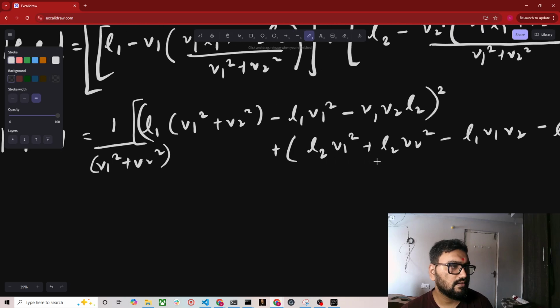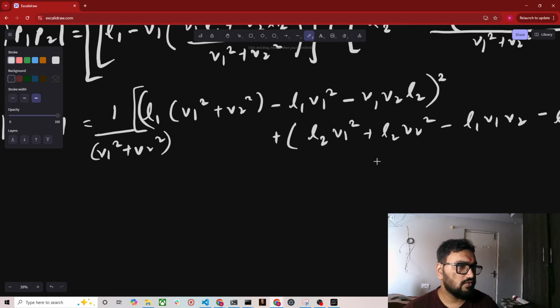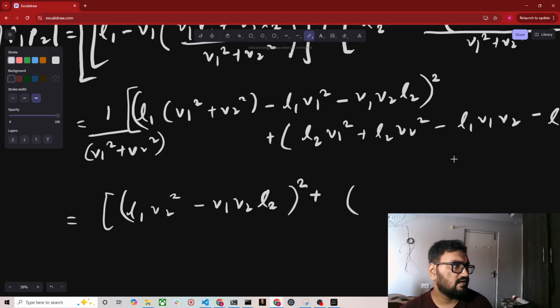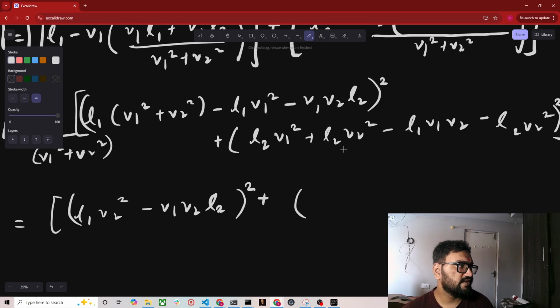Okay, so this turns out to be, let me just cancel out a few things. This will turn out to be L1 V2 square. I see L1 V1 square getting cancelled with this. Okay, minus V1 V2 L2 entire square of this, plus I see L2 V2 square getting cancelled.